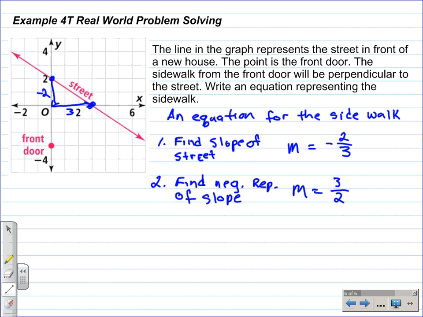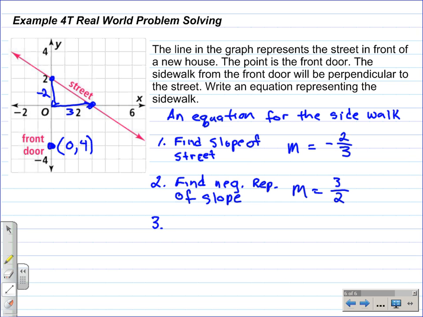Now we're going to use point slope. Actually, we don't have to use point slope because this point right here for the front door is the y-intercept, where x is equal to 0. So we can go straight to slope intercept.